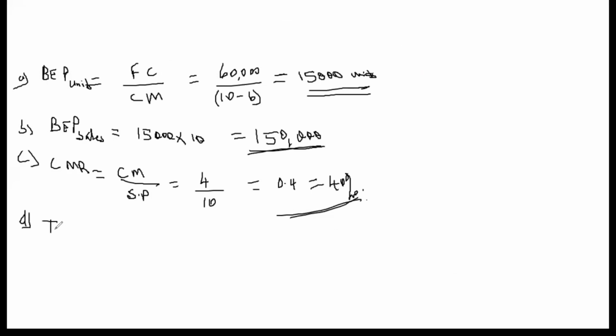So target units is equal to fixed cost plus target profit over contribution margin.